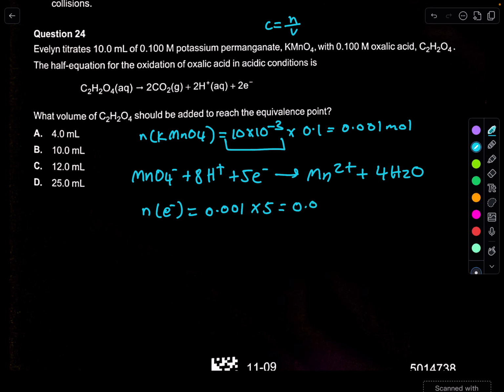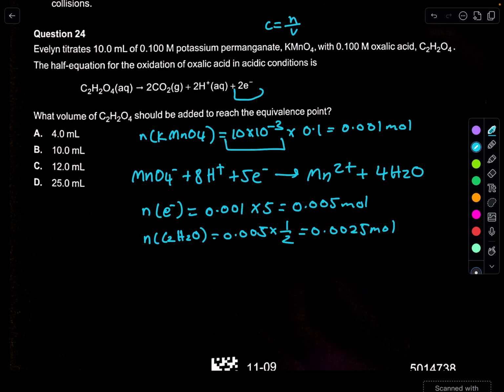Now we know the mole of electrons, so now we can find the mole of the oxalic acid. The mole of oxalic acid is basically 0.005 times, it's a 1-to-2 ratio, so half. So times that by half, and we get 0.0025 mole.